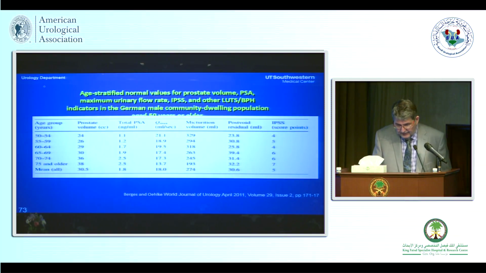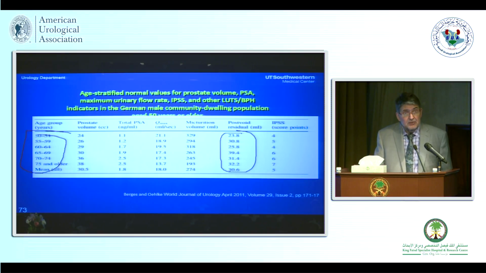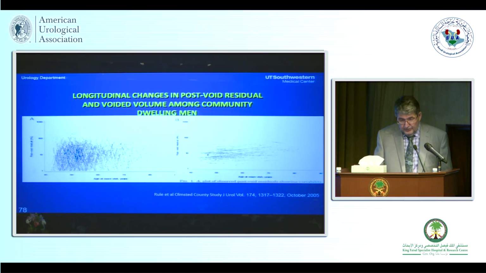Well, these are age-stratified normal values developed by Christian Oelke from Germany in the World Journal of Urology 2011. And you can see that in normal men stratified by age, there really isn't much of a difference in the post-void residual urine.